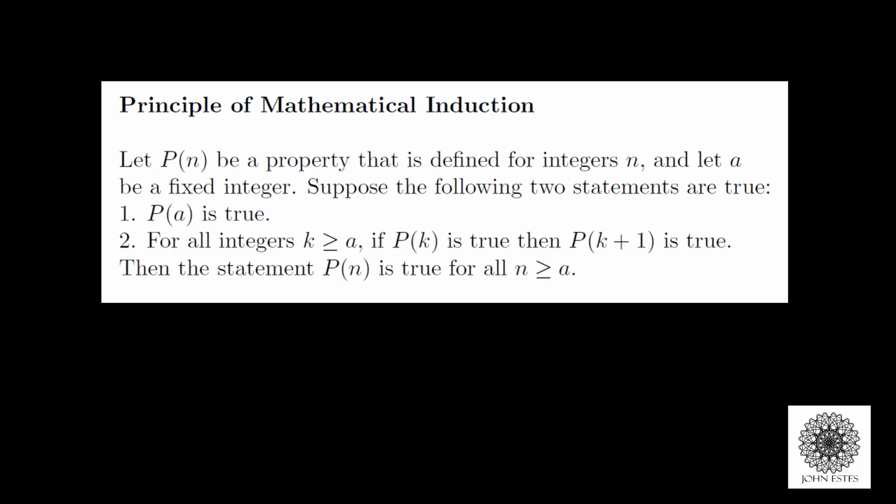Now, the way I like to explain it is as dominoes. You could have some sort of domino that we'll call P(a). So that's your first one. I drew it this way because P(a) fell over, so it's a true statement. That's the first thing we assumed.